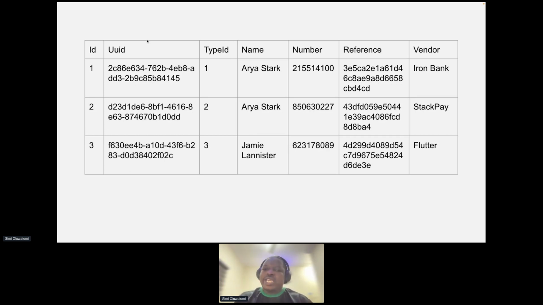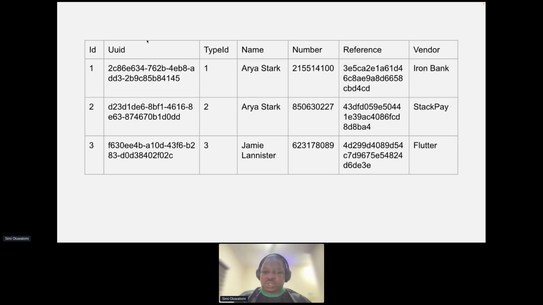Now, going by logic, a bank should not have two account numbers that are the same, right? So Iron Bank should not issue two account numbers that are the same. StackPay should not issue two account numbers that are the same, and the same for Flutter Bank. But because we are using multiple vendors in our system, we cannot completely say that the number is unique across the database.